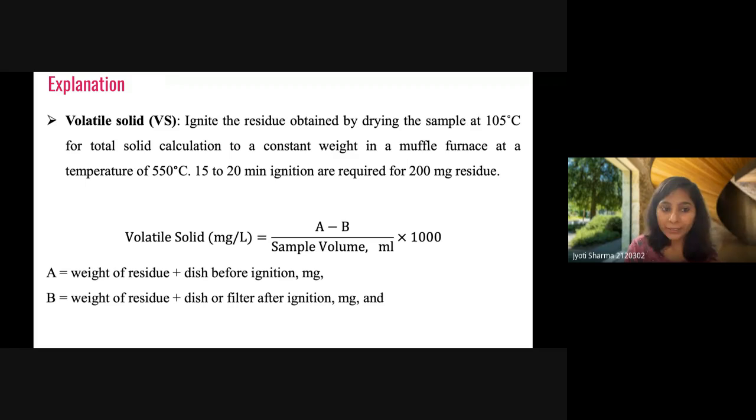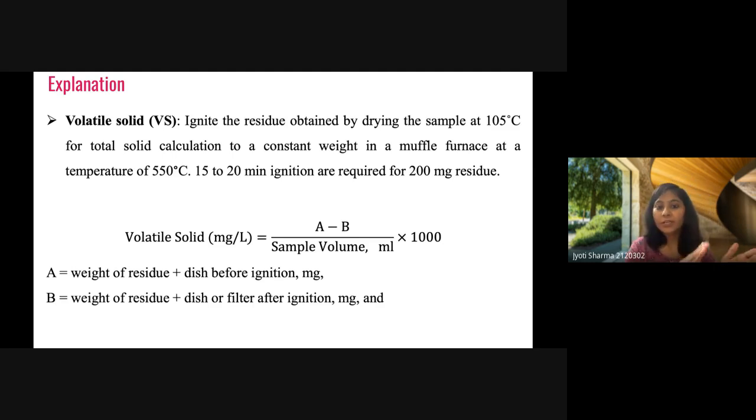So just see here. What do you mean by volatile solid, and how can we calculate that volatile solid? A is the weight of residue plus dish before ignition, and B is the weight of residue plus dish or filter after ignition.